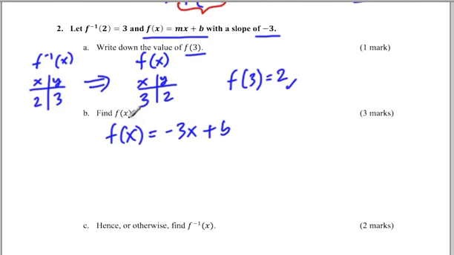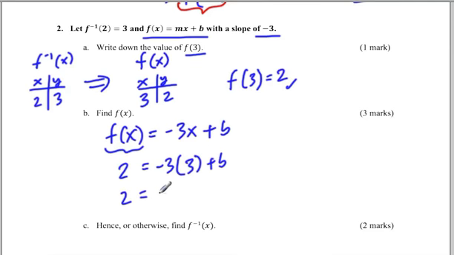So in order to find what f of x is, we just need 1 point. And we've already determined that f of 3 is equal to 2. So in other words, when x is 3, y is equal to 2. So this right here is simply 2. This x over here is simply this 3 over here, so it's negative 3 times 3 plus b.